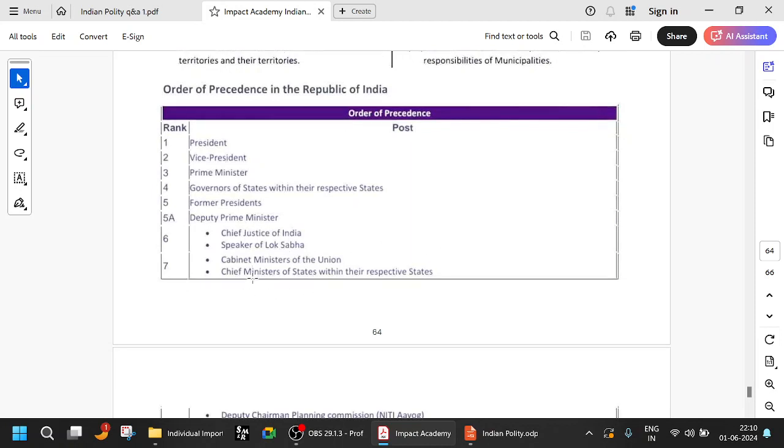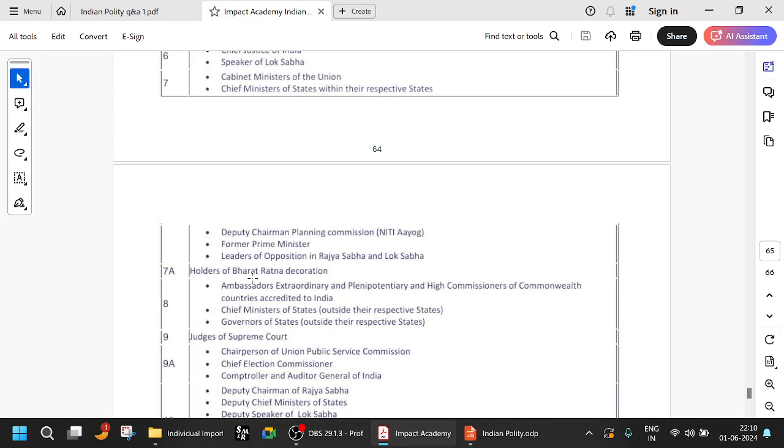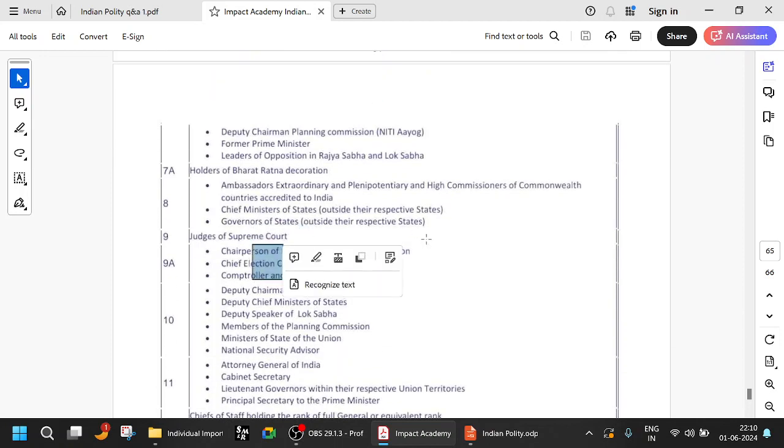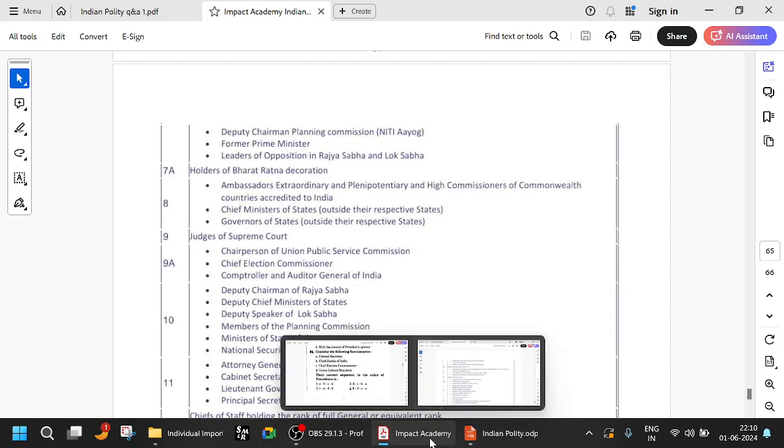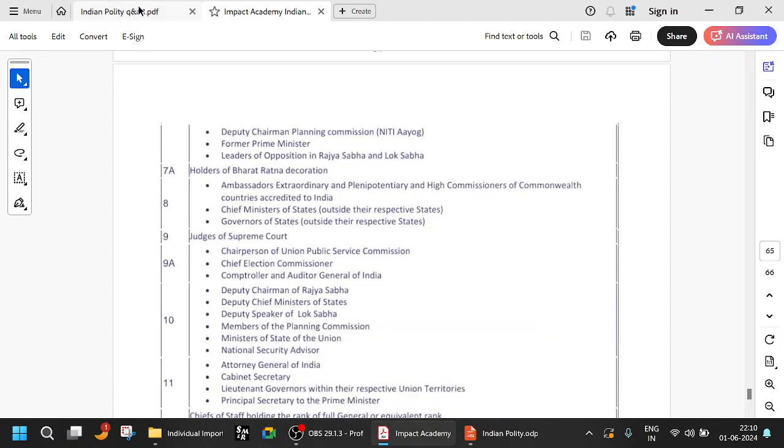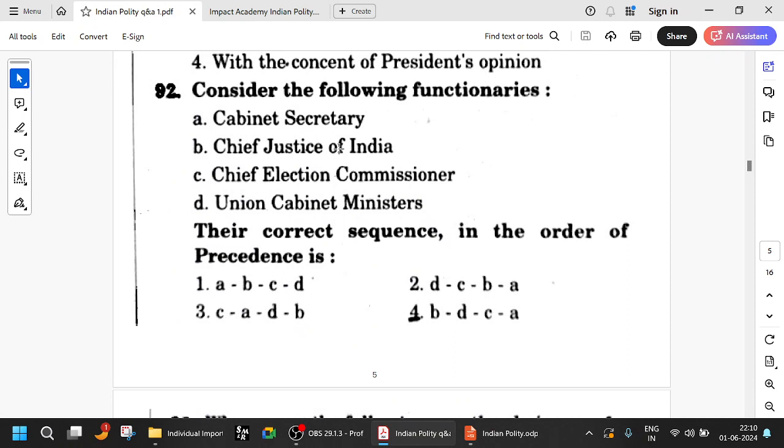Chief Justice, then Cabinet Ministers, then you have judges, Election Commissioner. See, Chief Election Commissioner is 9A. So President, Vice President, Governors, all that we have seen. Then comes Chief Justice, and then comes Union Cabinet Ministers, Chief Election Commissioner, Cabinet Secretary last.